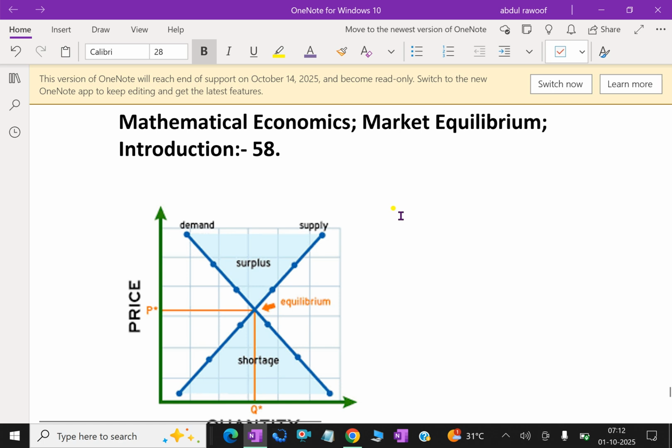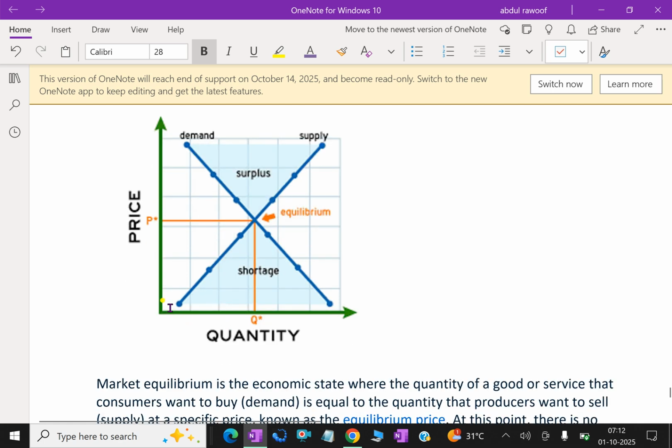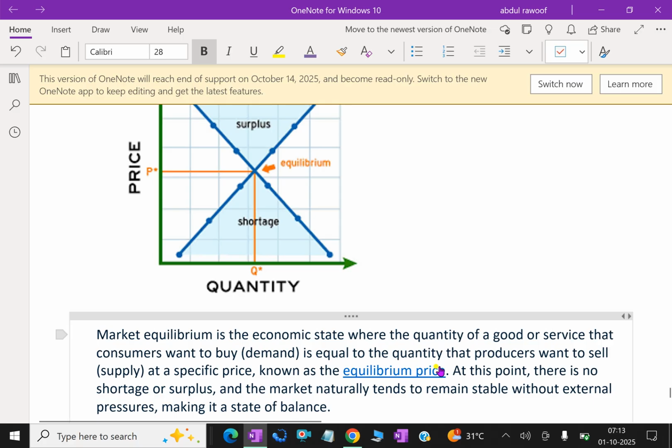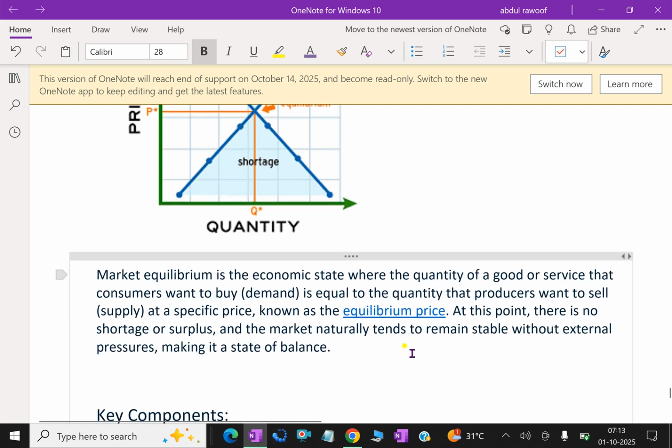Market equilibrium, some introduction. Look at this curve. This is quantity on the x-axis, price on the y-axis. Both the supply curve and the demand curve cut at a point, and that is called the equilibrium point. The market equilibrium is the economic state where the quantity of a good or service that consumers want to buy, that is demand, is equal to the quantity that producers want to sell, that is supply, at a specific price known as the equilibrium price.